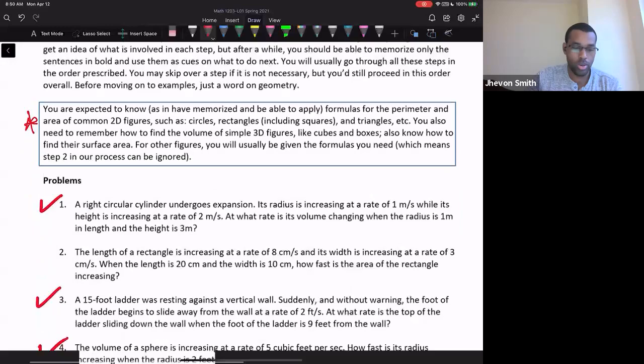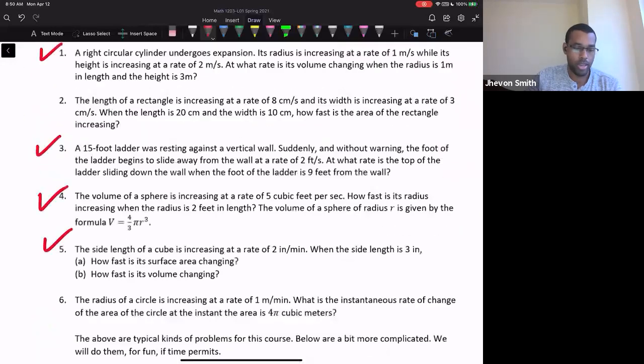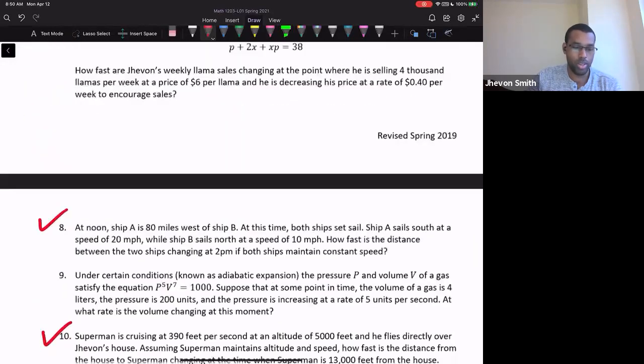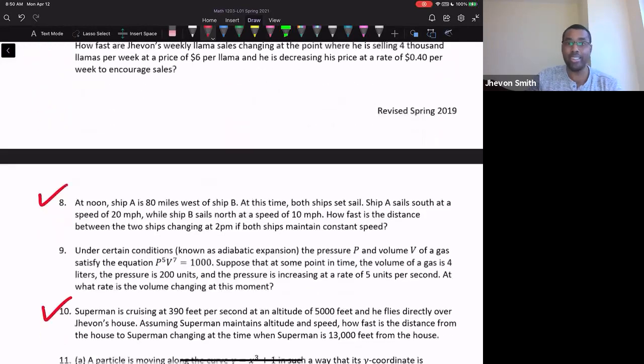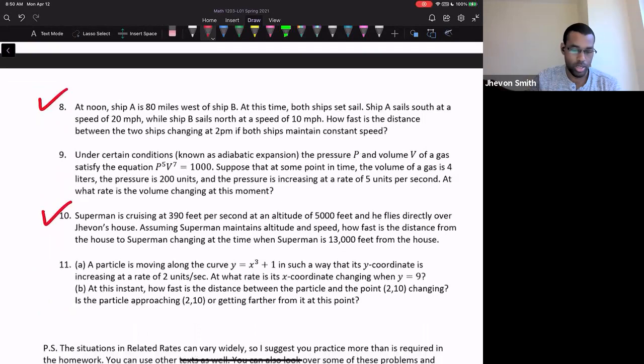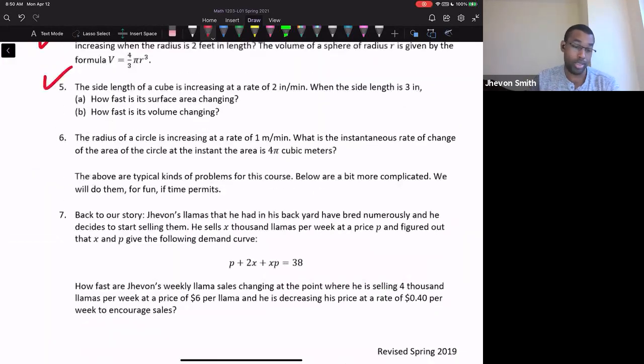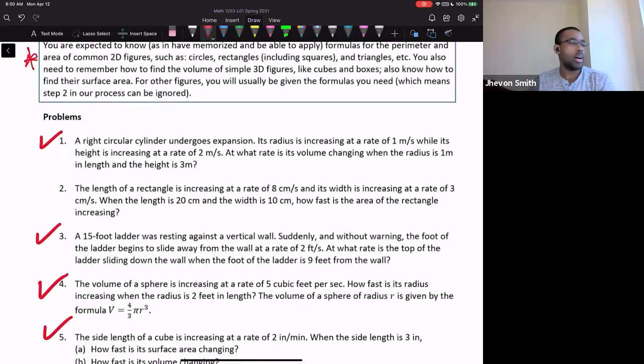So what we're going to do here is I've selected some problems that I want to go through with you guys. So that's 1, 3, 4, 5, 8, and 10. Don't want to spend too much time on that. We're probably going to spend too much time on these as well. But I actually want to get related rates done this class. So we'll see how that works out. And we'll move on.